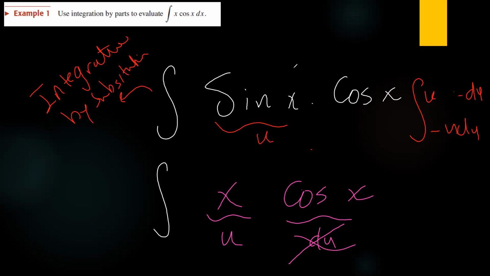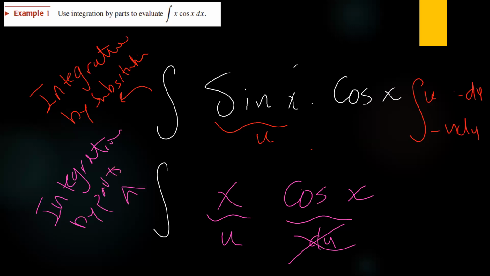But if you have x and cosine, logarithm and cosine, ln and tan, and so on, you cannot say that the derivative of cosine is ln or the derivative of logarithm is sine. In this case, you have to use integration by parts.